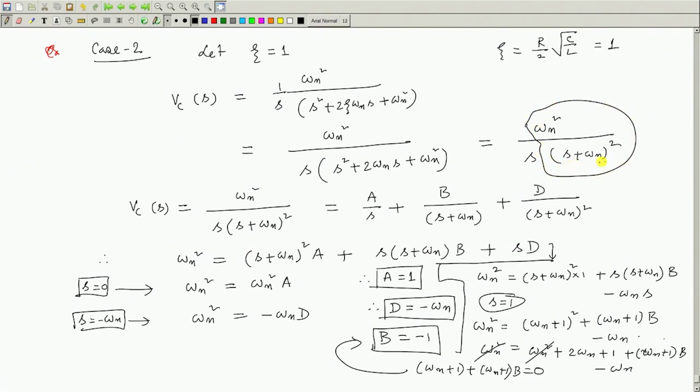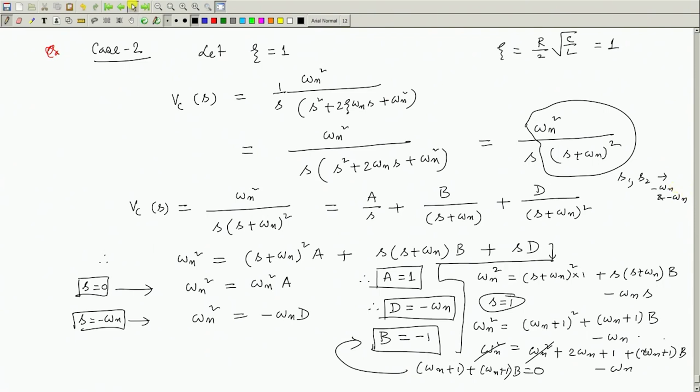Roots are s1, s2, equal to 0, s plus omega n whole square, that means minus omega n and minus omega n. They are real roots, but repeated.